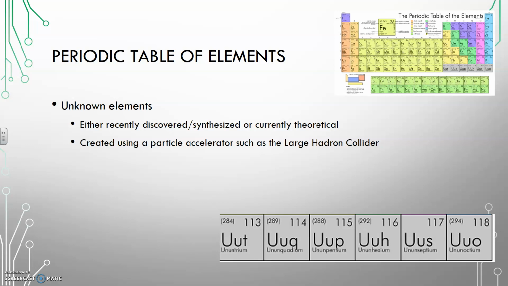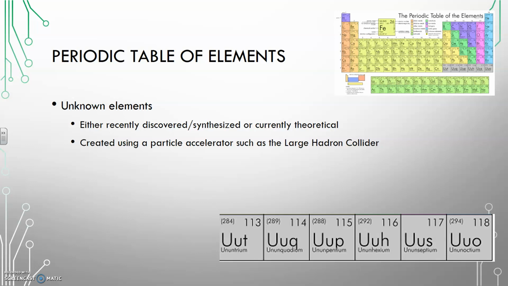It's designed to get these particles spinning in giant circles really, really fast. And once they've reached a certain speed, the scientists will maneuver them so that they crash into each other. Then they take a readout of what happened at the moment of impact, and they can tell if they created a new element or not.